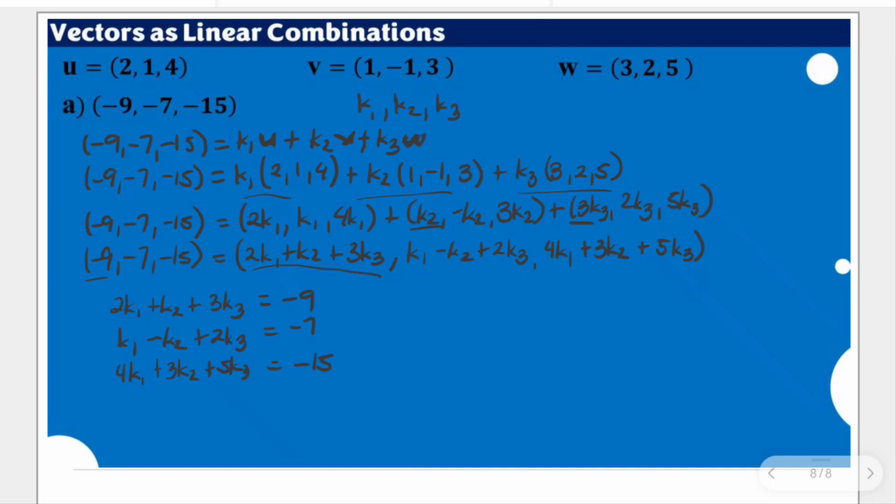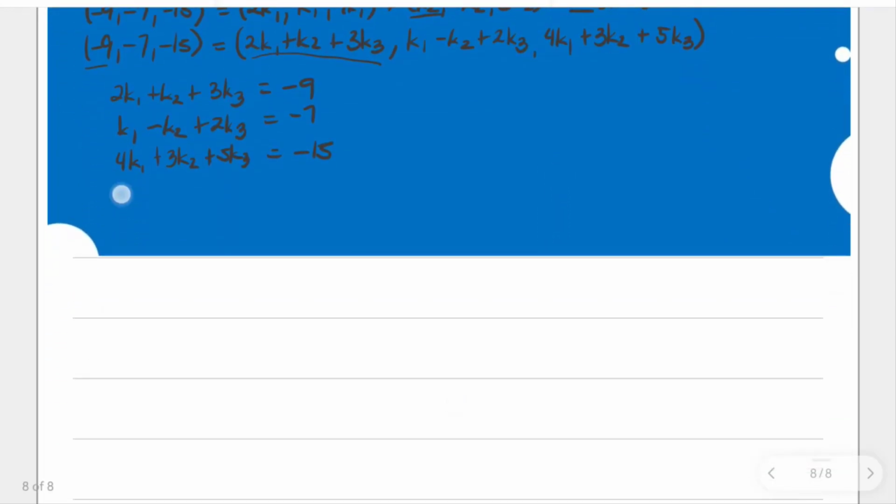So to do that, let's write the augmented matrix here: 2, 1, 3 for the coefficients of the first row together with its constant, -9. Then you have 1, -1, 2, -7, and 4, 3, 5, -15.